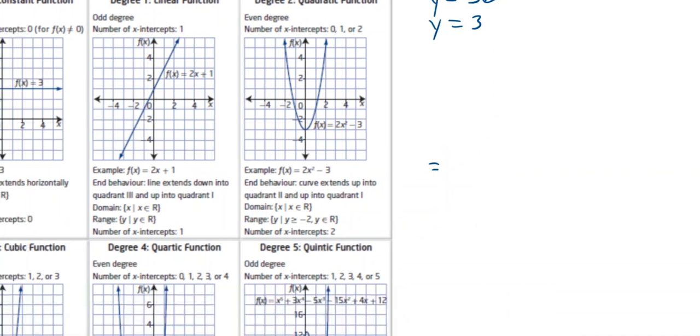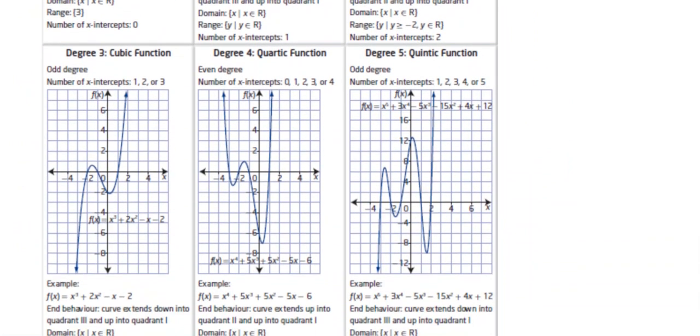Now moving on to the next ones. Degree 3 is always going to look something like this, going from the bottom left, from quadrant 3 up to quadrant 1. That's always going to be the case. It extends infinitely far to the left, and infinitely far to the right, and infinitely far up and down.